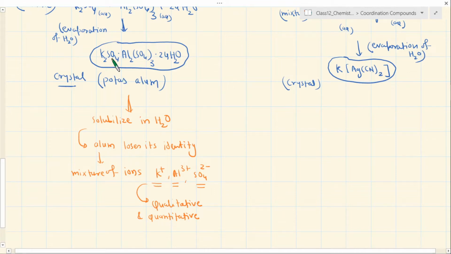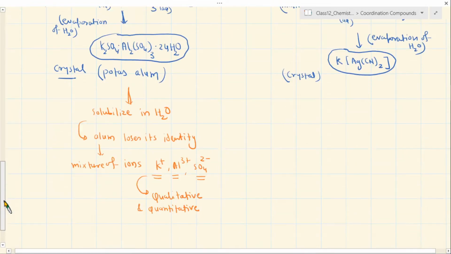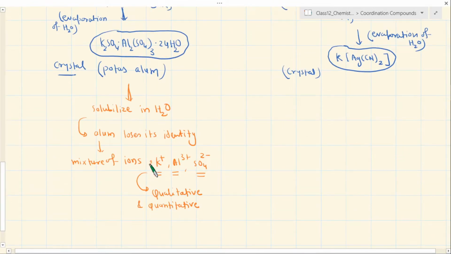How many sulfates you are supposed to get? 4 of that. And how many aluminum you are supposed to get? 2 of that. And that's the proportion originally there. You had basically 2 potassium, 2 aluminum, and then 4 of sulfate. This is the original proportion. Here also you get the same proportion, 2 potassium, 2 aluminum, and then 4 of sulfate.